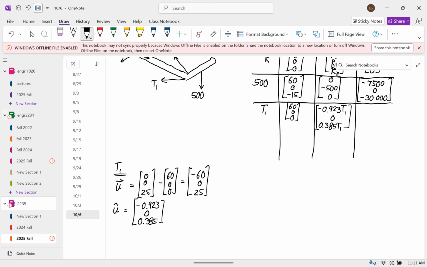And so the cross product is 0, negative 23.10.